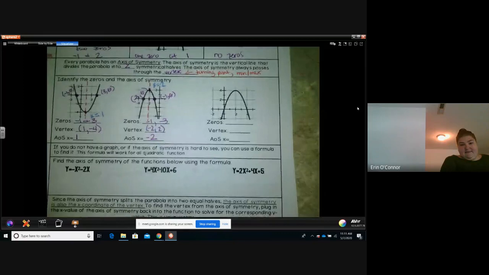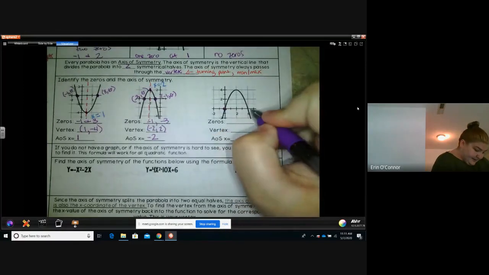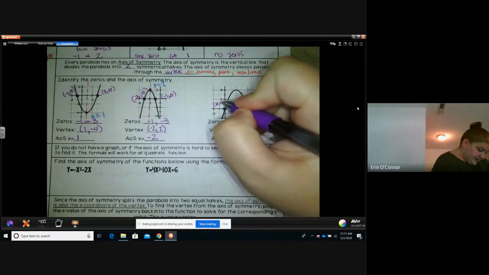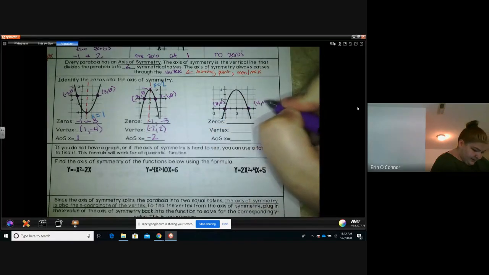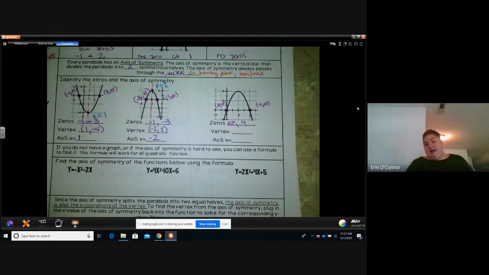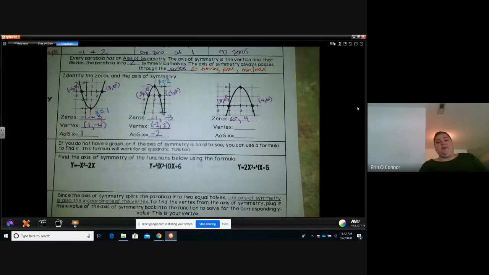And lastly, our zeros here are at 0 and at 4. So this is 0, 0. This is 4, 0. So our zeros are 0, 4. And then our vertex is right here. Is this graph concave up or down?